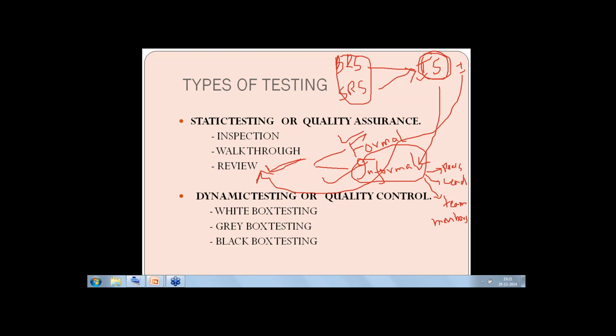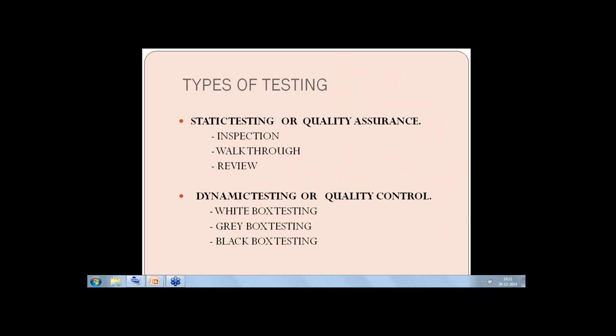Okay. Similarly, from the test strategy document, as I told you, you make the test plan, if you remember it. So this test plan will also go for a review. In the review process, you go for an informal review or a formal review, as I explained beforehand.